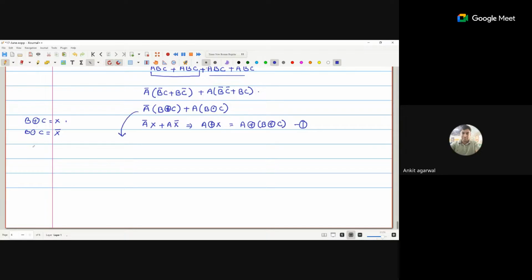Again, go to this part and say that B XNOR C is X, and B XOR C is X bar, because both are complements. So the equation should be A bar X bar plus A X. That is the equation of A XNOR X. Now X is B XNOR C. That is A XNOR B XNOR C. This is the second answer.